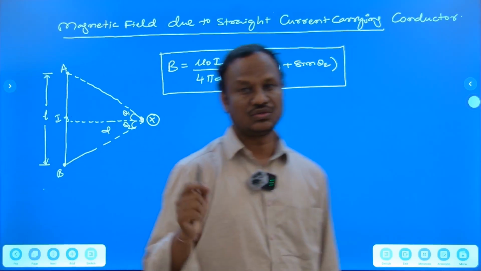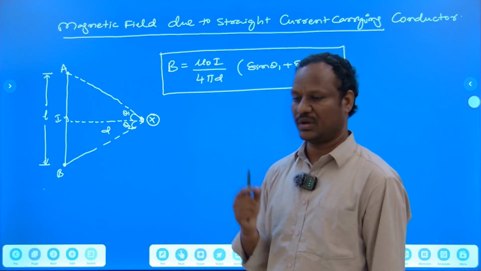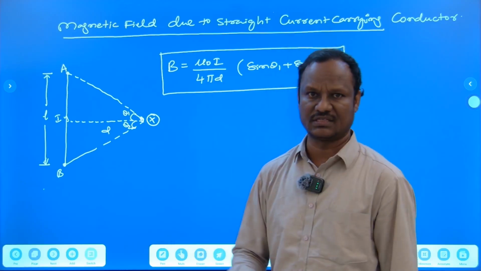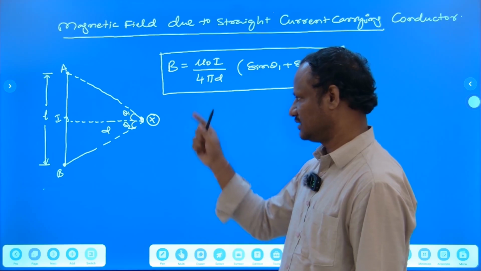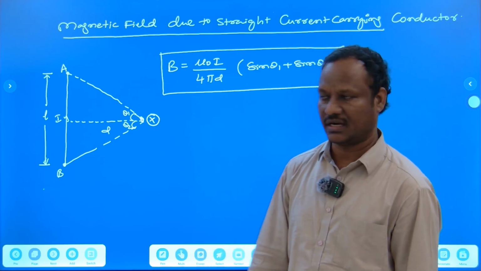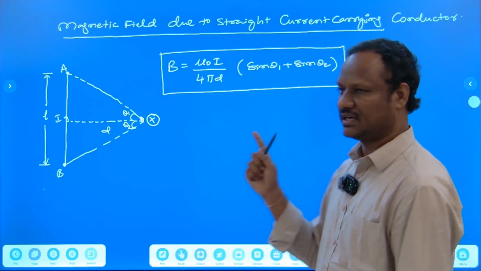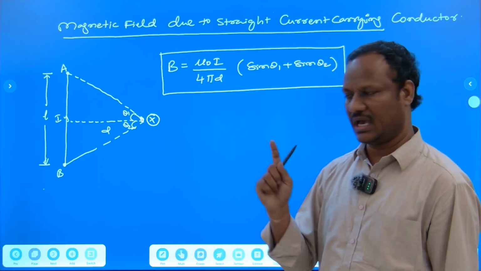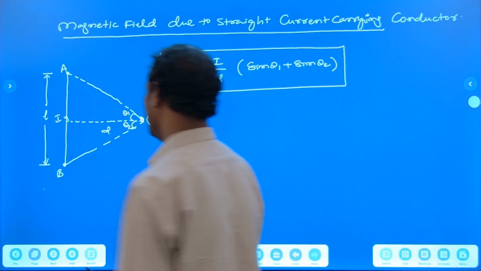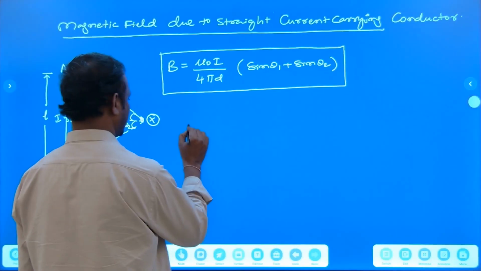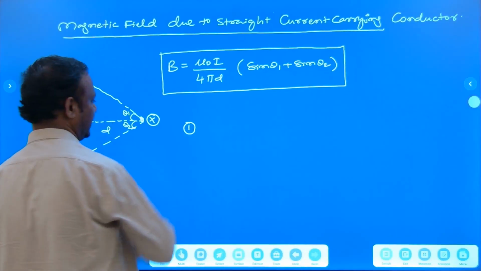For problem solving, whenever a straight wire is given, sometimes the problem just says a straight current carrying conductor. I have to imagine it is an infinite straight current carrying conductor. I'll show that type of questions also. The very first one I talked about is the finite length.